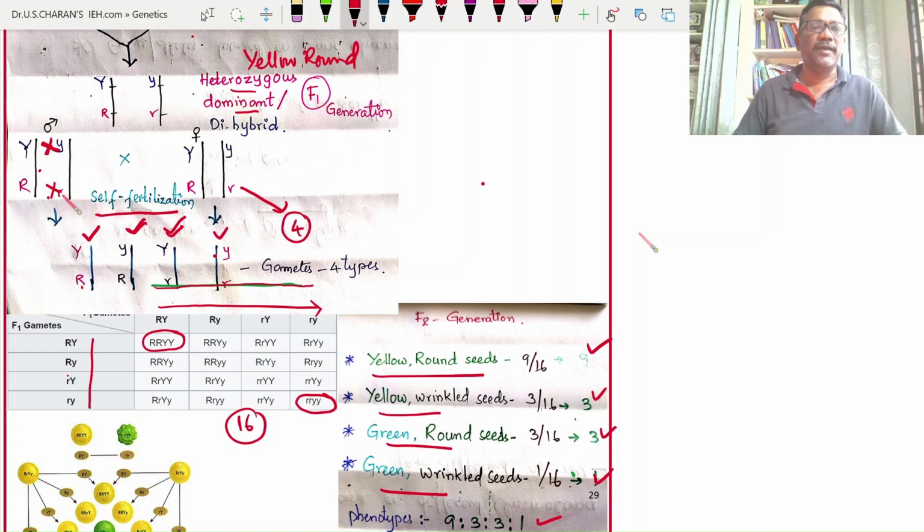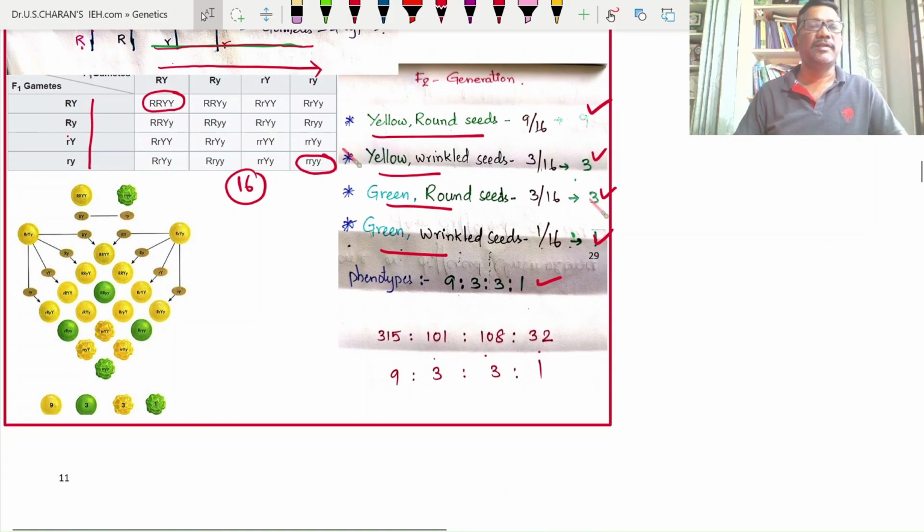So from this F1 parent, 4 types of gametes are formed. From this parent also, 4 types of the same gametes are formed. From one parent, the gametes are arranged on the checkerboard on this side. From this parent, those gametes are written on this side.